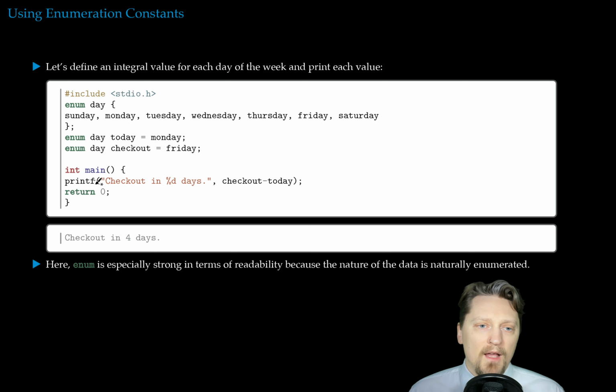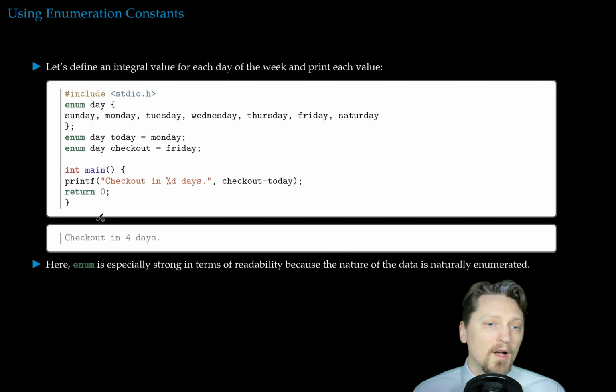We can define our main function to print "checkout in %d days" with checkout minus today. Notice that this subtraction is just integer subtraction, so checkout minus today is going to return an integer value.